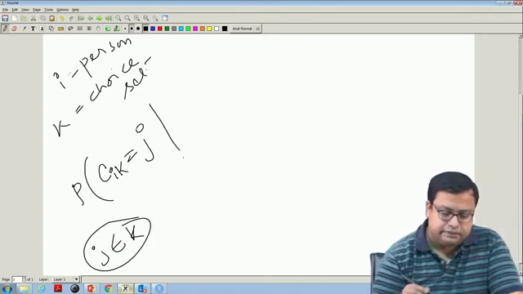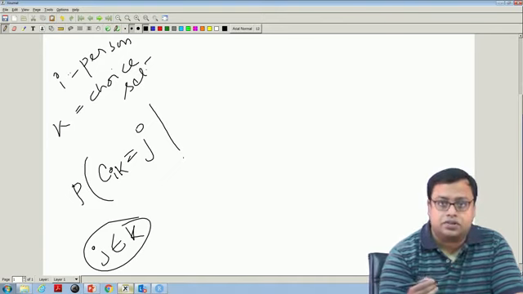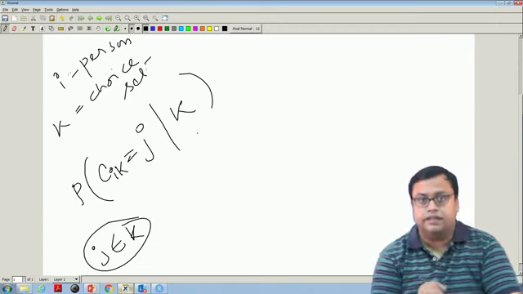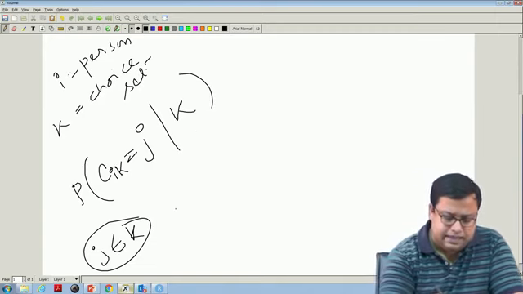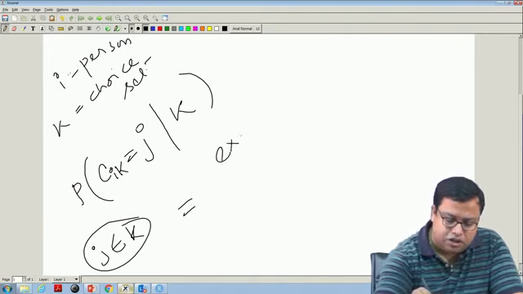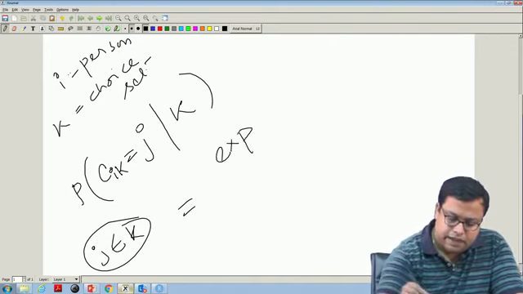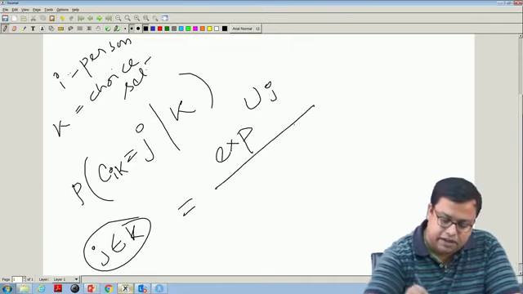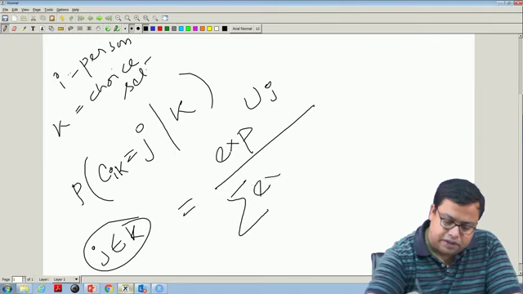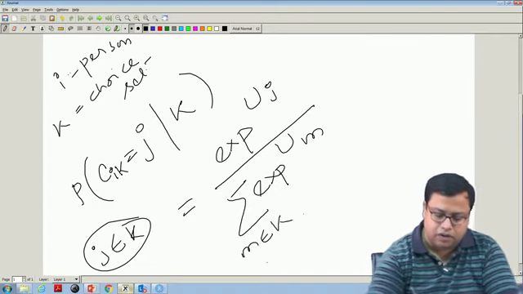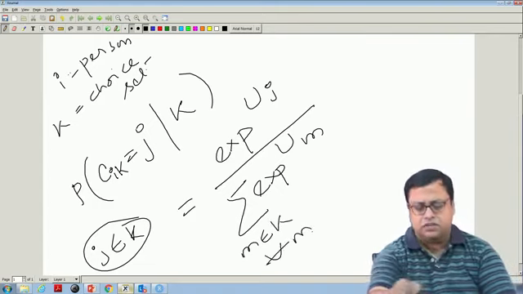Given the other choices, so given the choice set is K, is basically exponential of utility from J divided by summation of exponential of utility of M, where M belongs to K for all M. So, you just multiply.